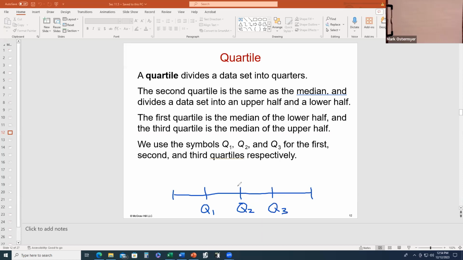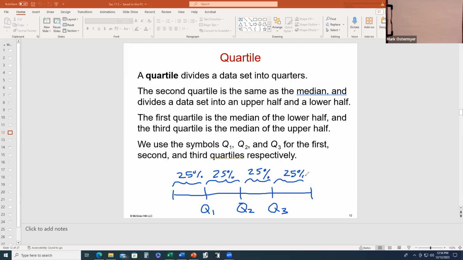These 3 statistics partition our data set up into 4 equal intervals here. This interval contains 25% of our observations. This interval contains 25% of our observations. This interval also 25% of our observations. And also this last one.